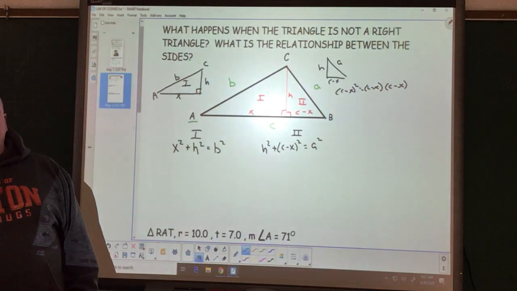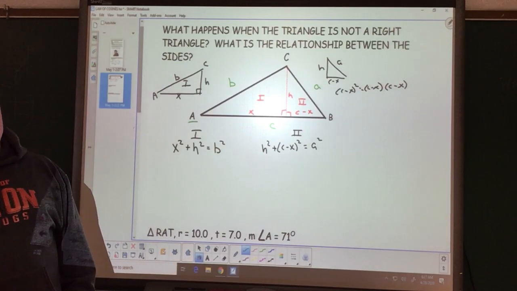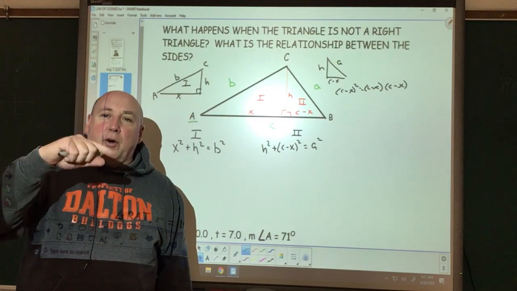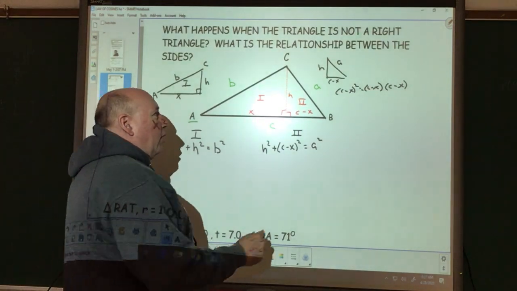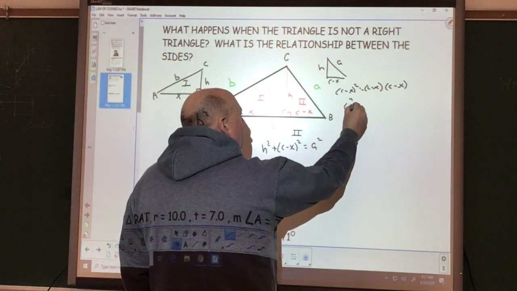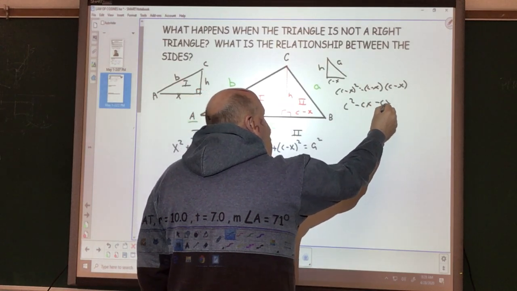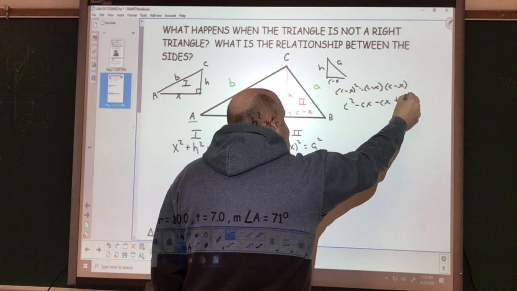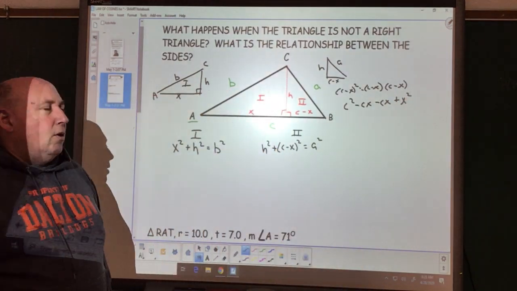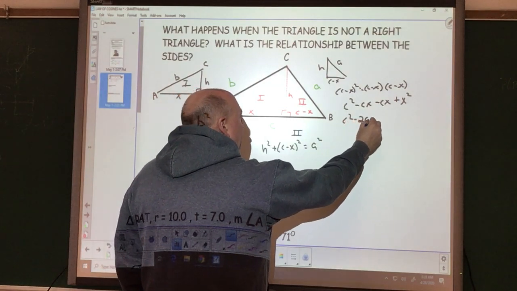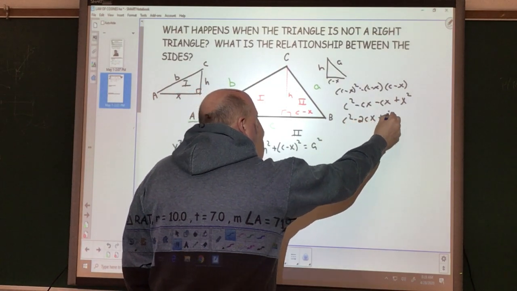We're multiplying it by itself, which means we have to go back to our algebra skills and FOIL this out. If we FOIL this out, we have C squared minus CX minus another CX and then plus X squared, which then simplifies down to C squared minus 2CX plus X squared.